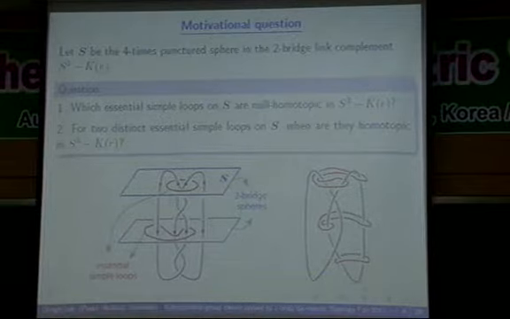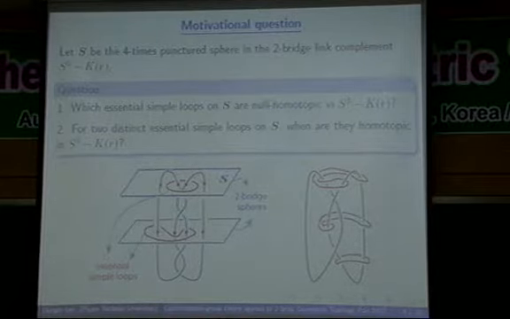This is the question which motivated our research. Let S be the four-times punctured sphere in the two-bridge link complement. This is a picture, and these are four-times punctured spheres in this two-bridge link complement. We call this four-times punctured sphere the two-bridge sphere of this two-bridge link.